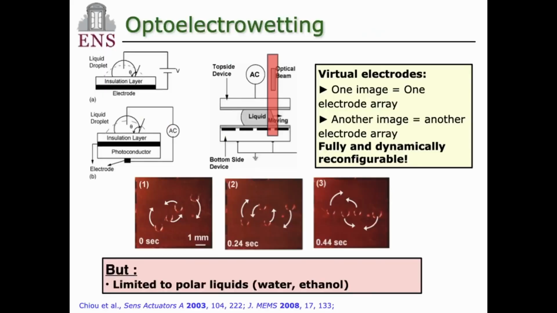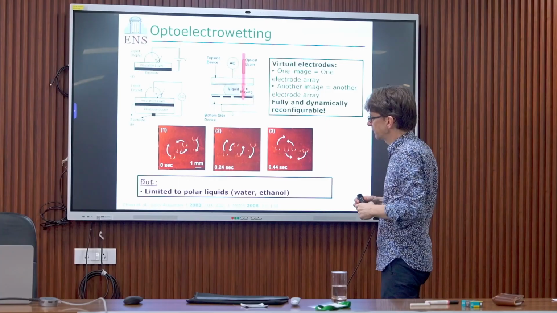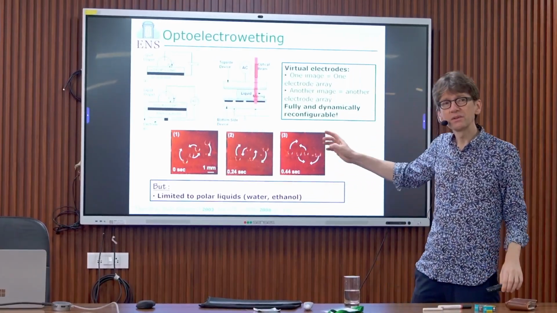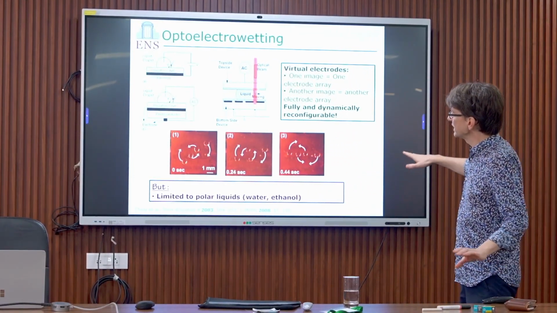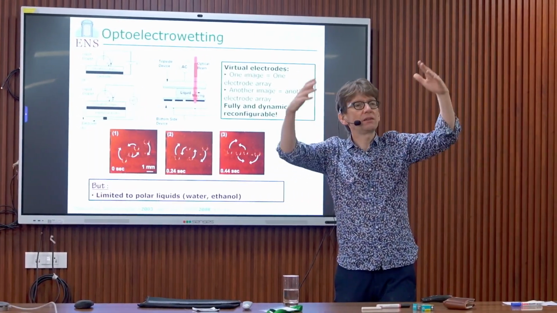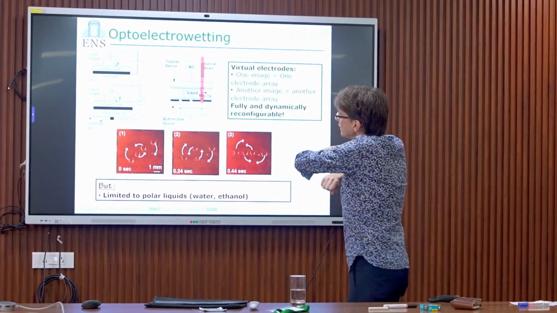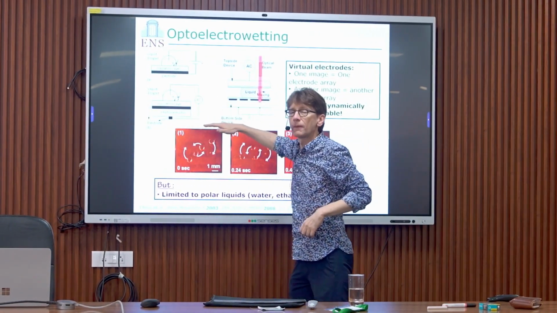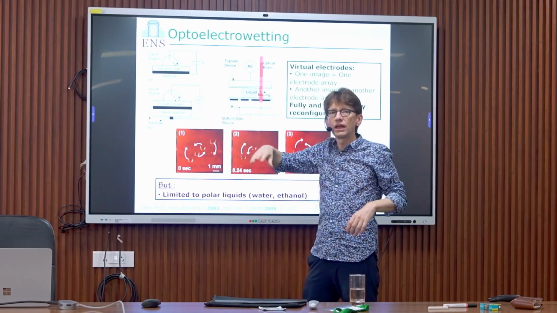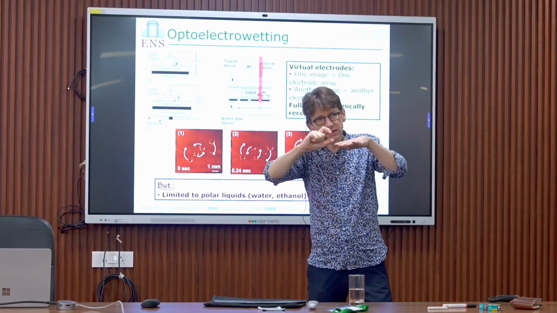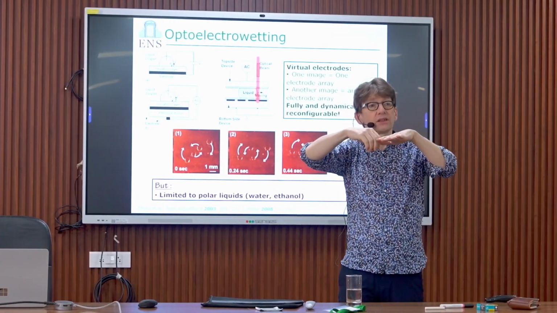And there were these people, a bit forgotten I think, from the group of Wu in California, already in 2003, a time where microfluidics was really at its birth, but they had this idea that maybe instead of printing electrodes, I can make images. Okay, so this idea is that they put a photoconductor and an insulation layer, meaning that the voltage is applied only where you have light.